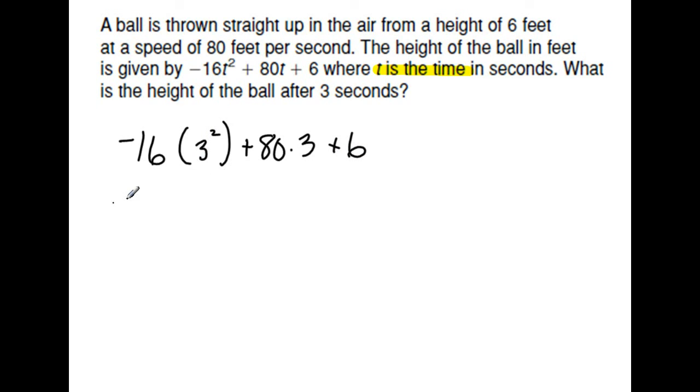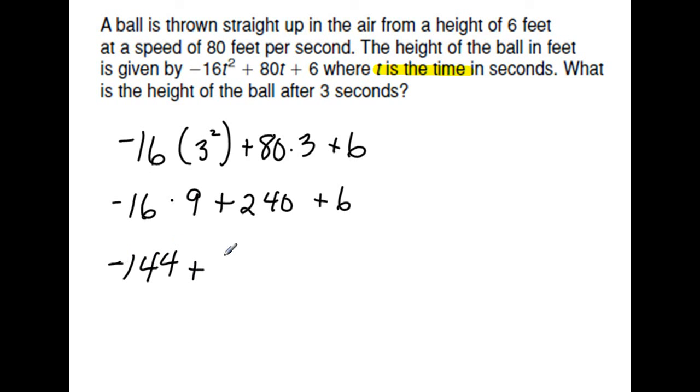I'm going to rewrite this. 16, 3 squared is 9. 80 times 3 is 240 plus 6. 9 times 16 is 144, so negative 144. 240 plus 6 is 246.